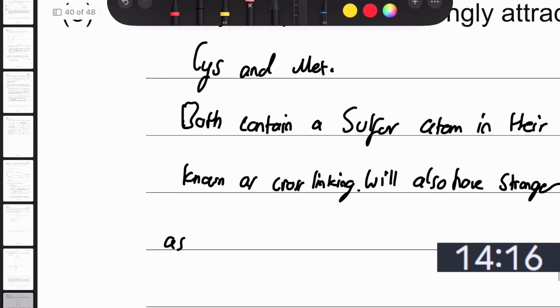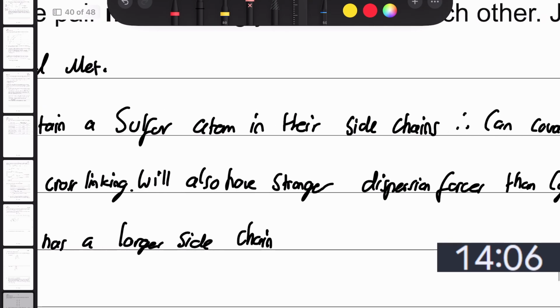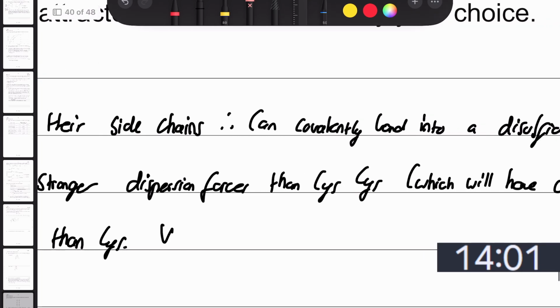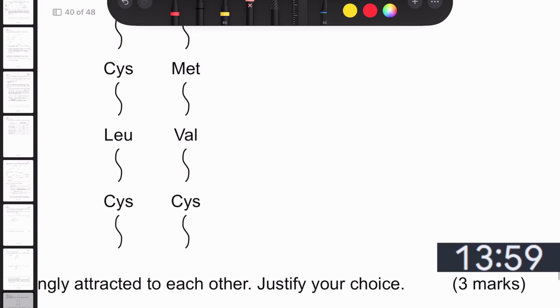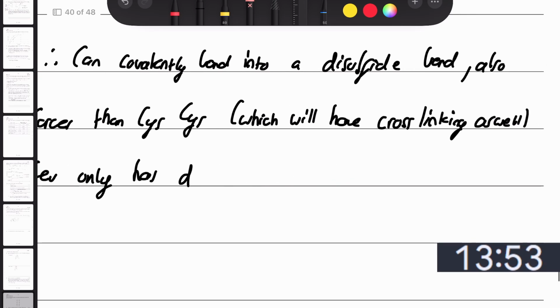As Met has a larger side chain than Val and Leu, who only have dispersion forces, so is the weakest.